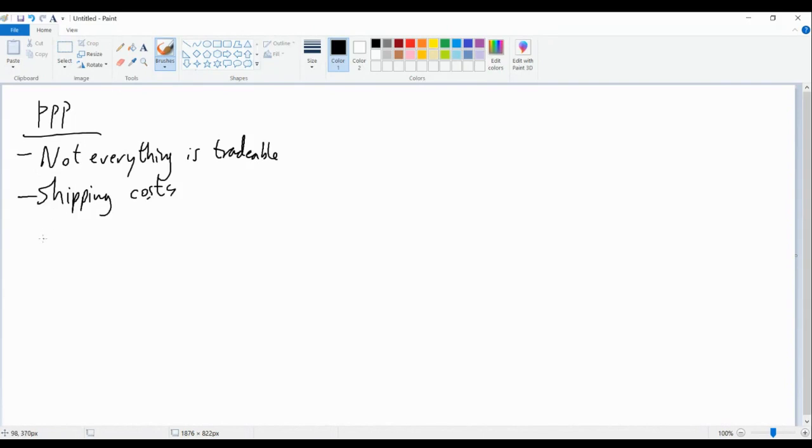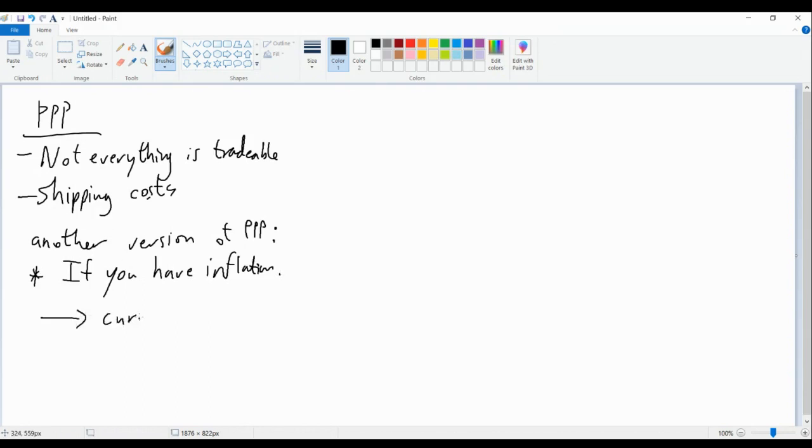So these arguments suggest another version of PPP focused on inflation, which is saying if you have inflation, well, what does it mean? It means all your goods are expensive, which means people don't want to buy them as much, which means they don't want to buy your currency, which means your currency does what? It loses value. So this version of PPP probably is a bit more sound.